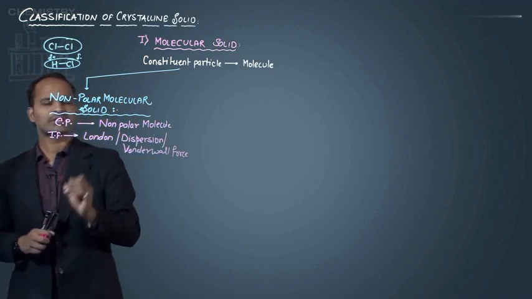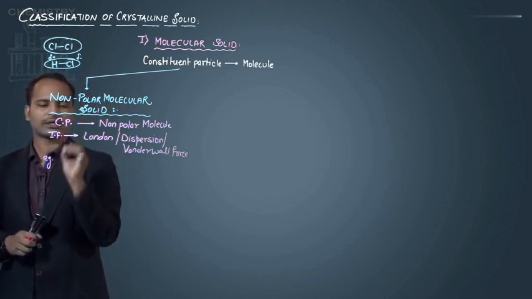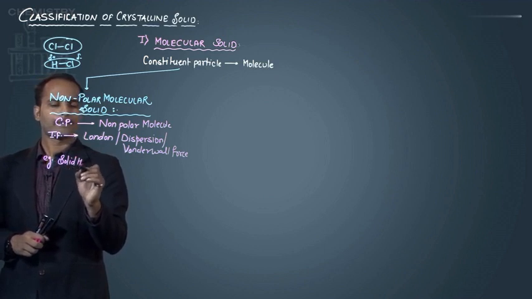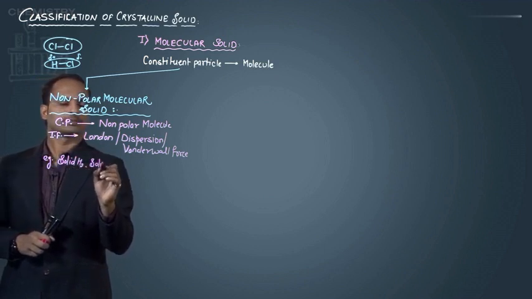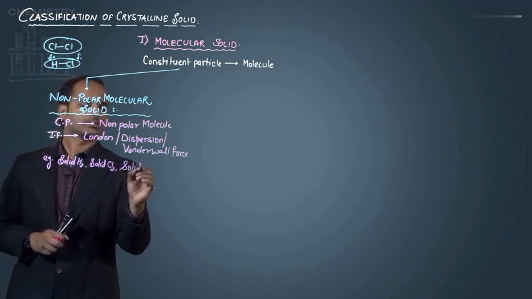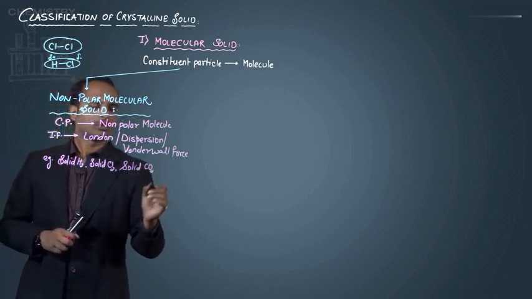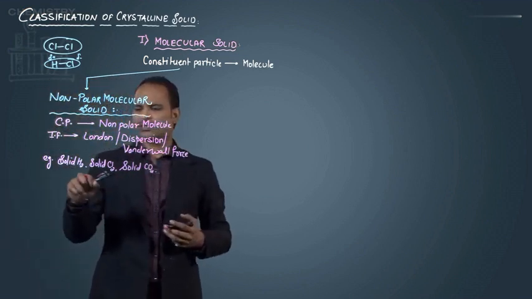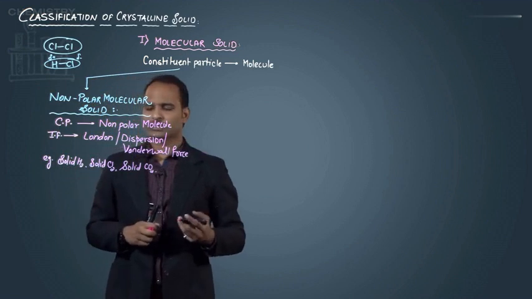The examples for this non-polar molecular solid: solid H2, solid Cl2, solid CO2, solid iodine, solid bromine. These all are the examples of this non-polar molecular solid.